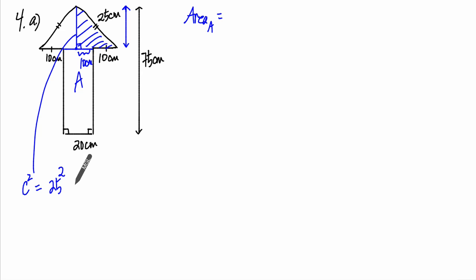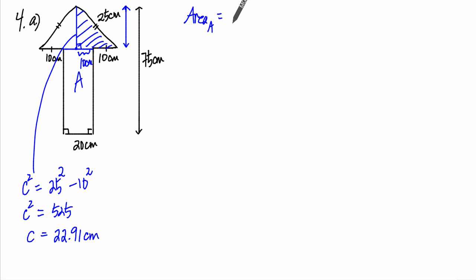So c squared will be 25 squared minus 10 squared. I'm going to punch that in my calculator here. So c squared is equal to 525. Take the square root of that number, and c is equal to 22.91 centimeters.